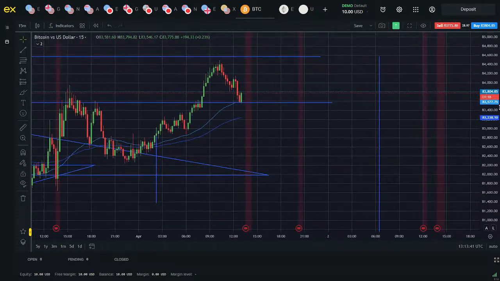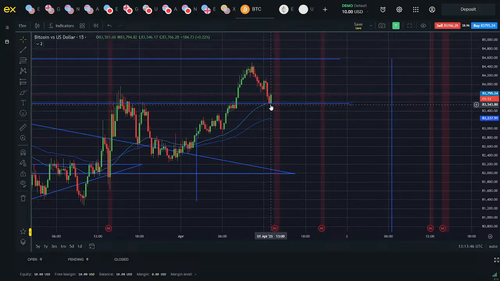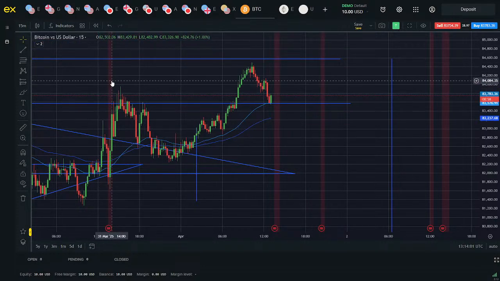In BTC also, as I told you guys, maybe because this is the 50 EMA in the 15 minutes time frame. There's the 50 EMA in the 15 minutes time frame, and we are just waiting and hoping to see how things perform.